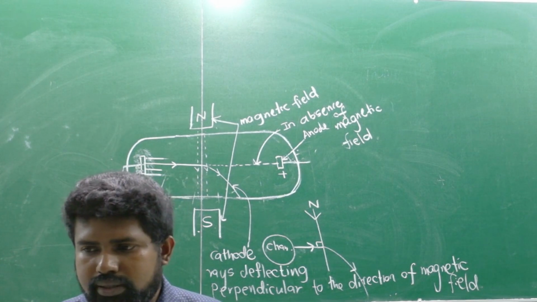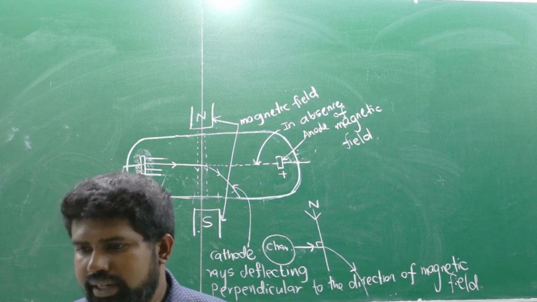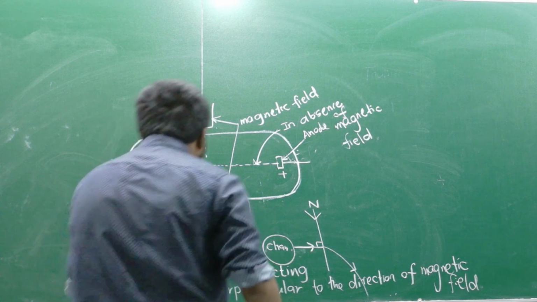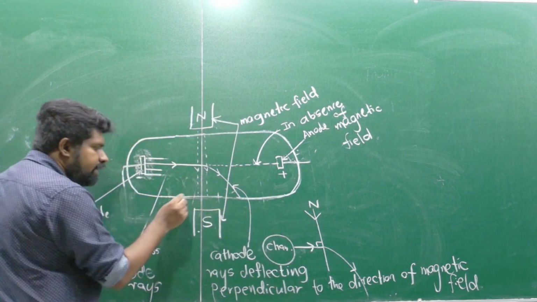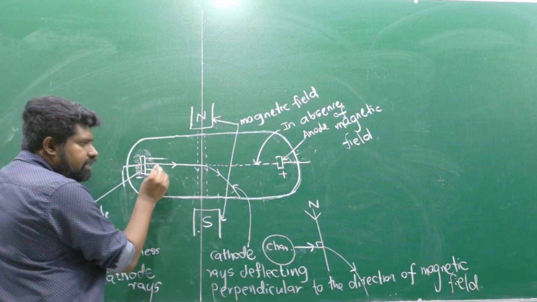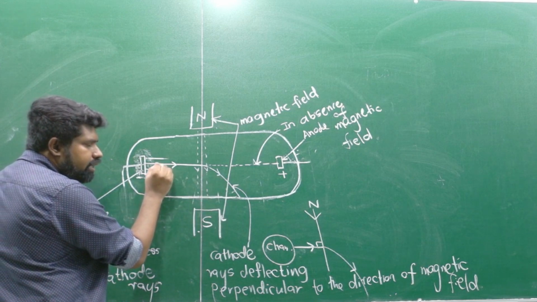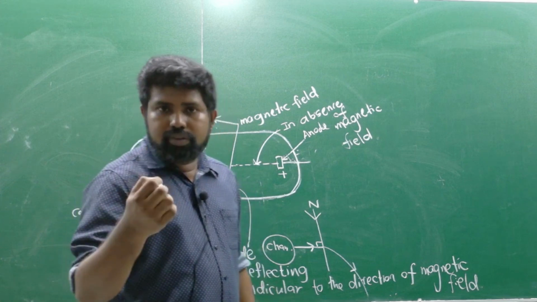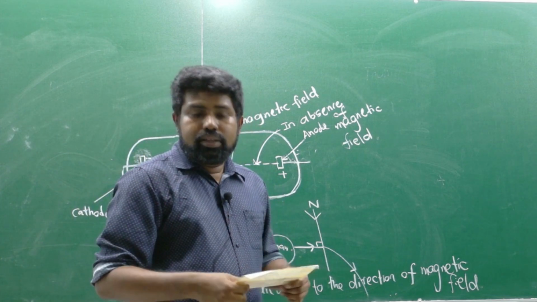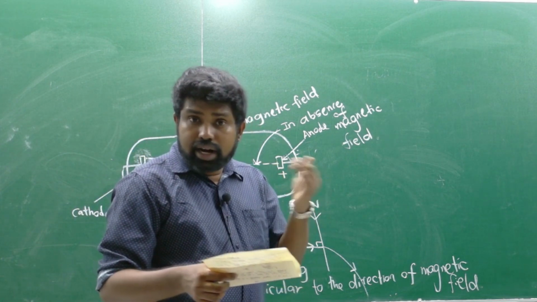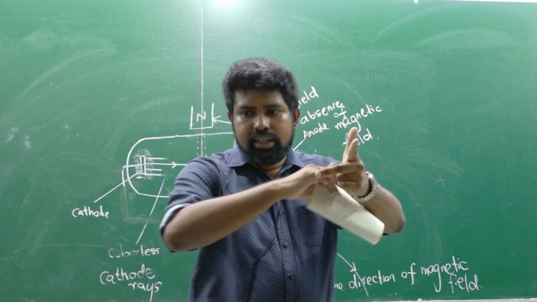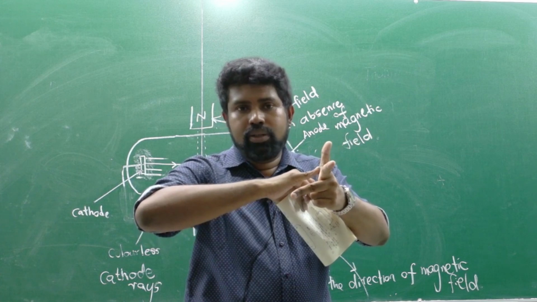Before that, listen. These cathode rays are not attracted to the north pole or the south pole. They move in a perpendicular direction, since the magnetic field is perpendicular to the motion.